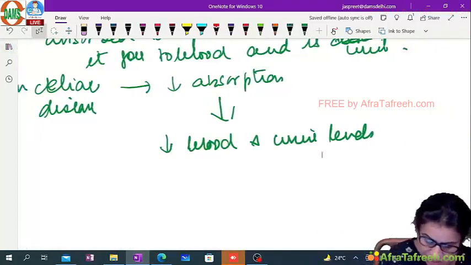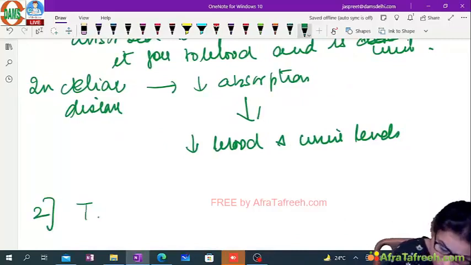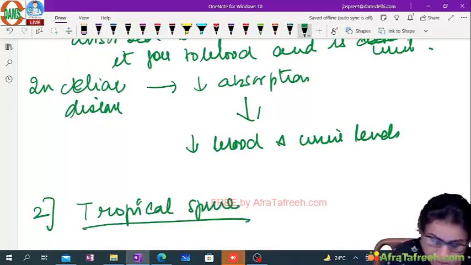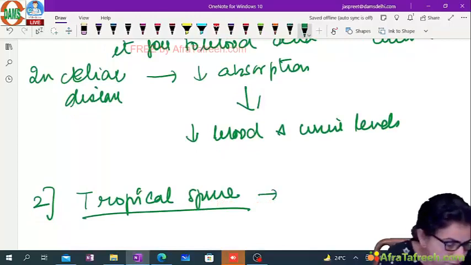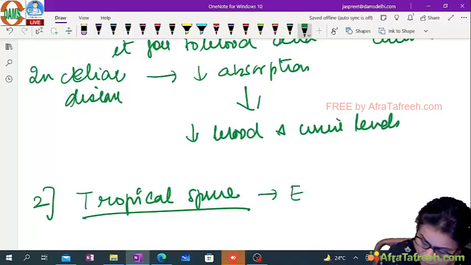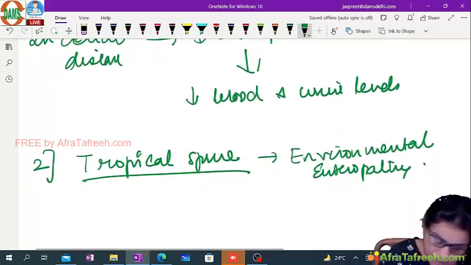Okay, next, the second entity that I'll cover along with celiac disease is tropical sprue. Tropical sprue is also called environmental enteropathy. Now, where do you see this?